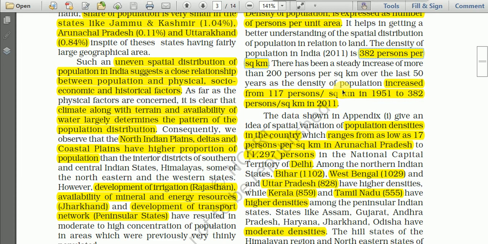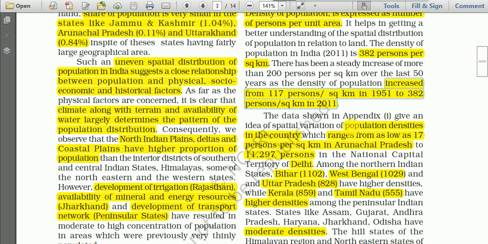There has been a steady increase of more than 200 persons per square kilometer over the last 50 years, as the density of population increased from 117 persons per square kilometer in 1951 to 382 persons per square kilometer in 2011.